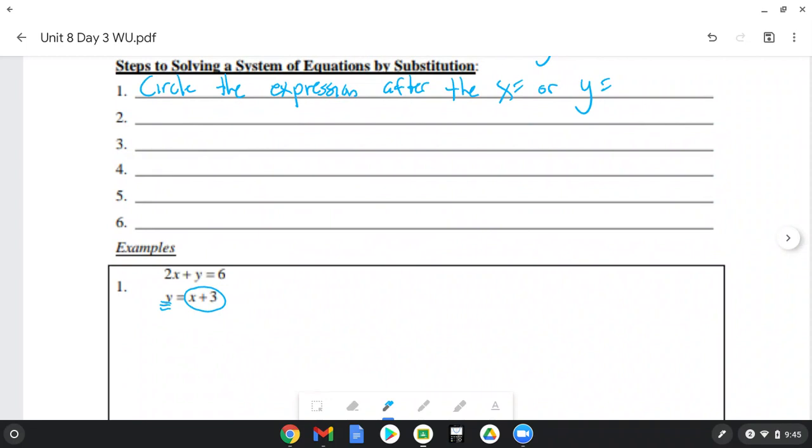My second step, and this is why it's called substitution, we're going to substitute the circled expression into the other equation. So if we were to look at this bottom example, it says y equals x plus 3.